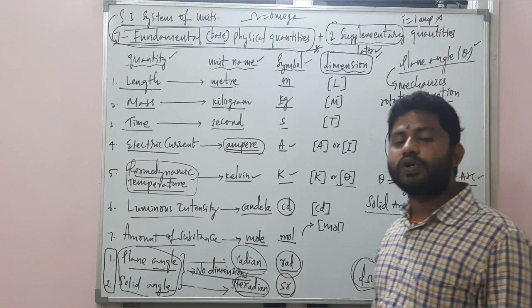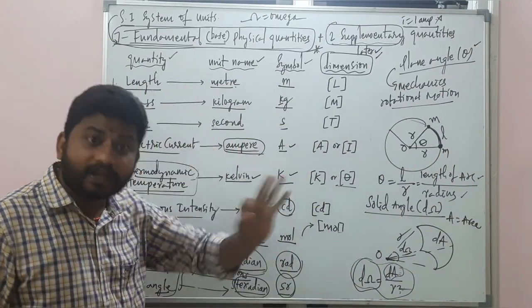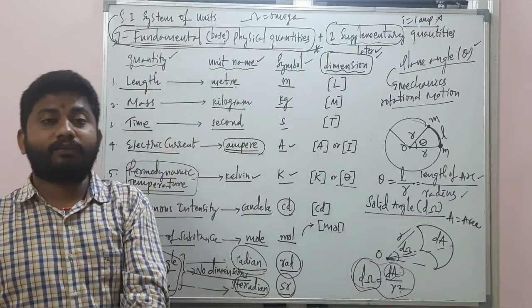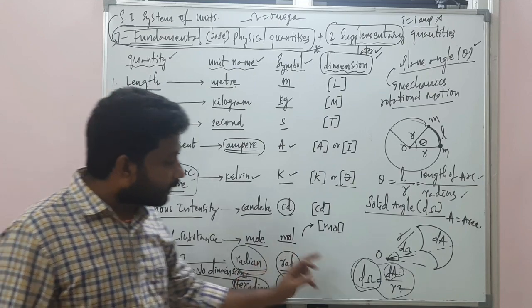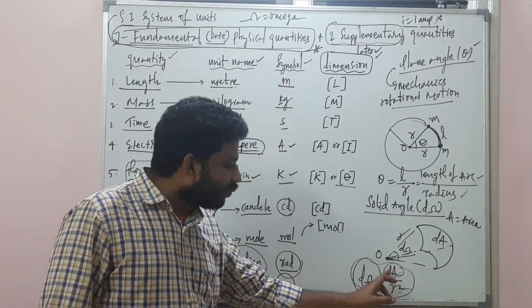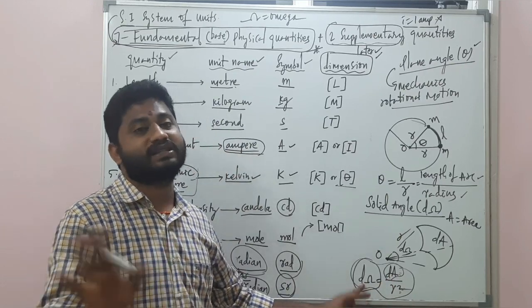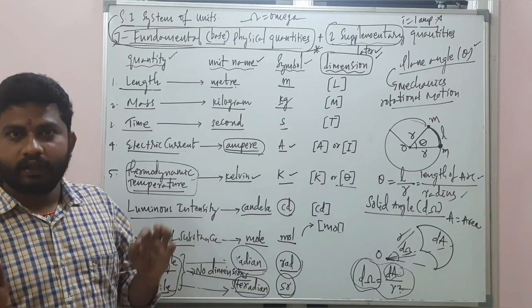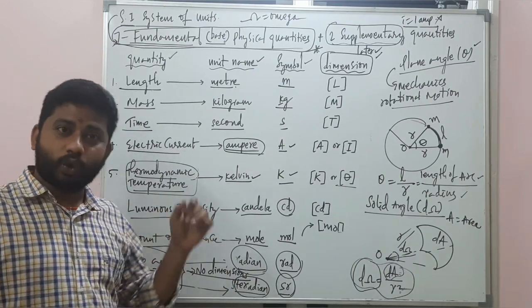Angles have no dimensions, but as they are supplementary fundamental quantities, they will have a unit. But when you come to the numerator and denominator, both get cancelled, so it will have no dimensions. Okay? Clear? So this is the concept about supplementary physical quantities.